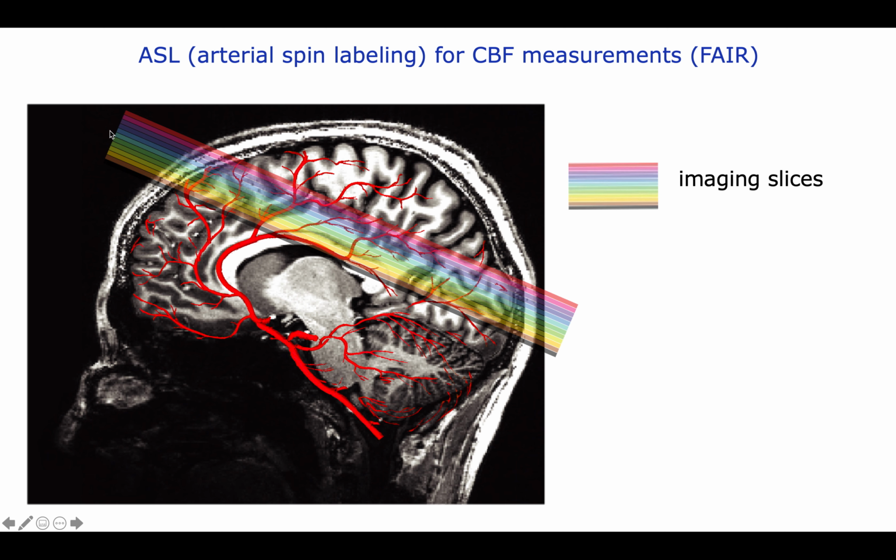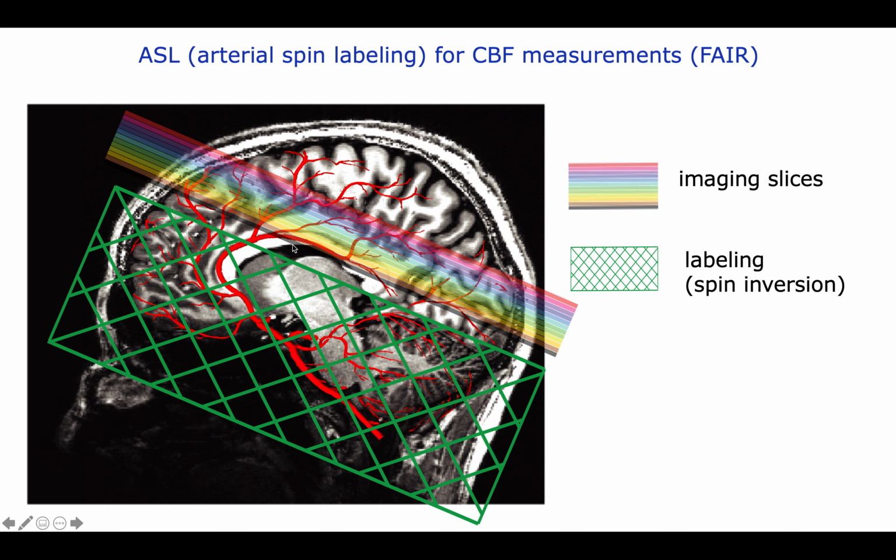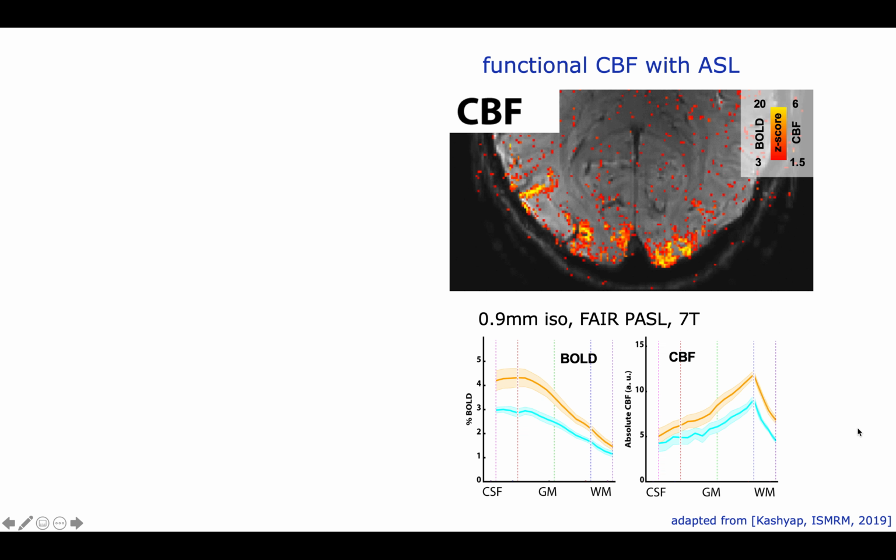So for example, when we care about the delivery to a group of slices like this, we can apply this inversion pulse that flips the spins around from the previous slide only in a specific area, such as down there. Then a short while later, we measure how much of this inverted blood arrived here in our imaging planes. And then we try to quantify the blood flow by subtracting the signal that we get with and without the application of this blood inversion down there.